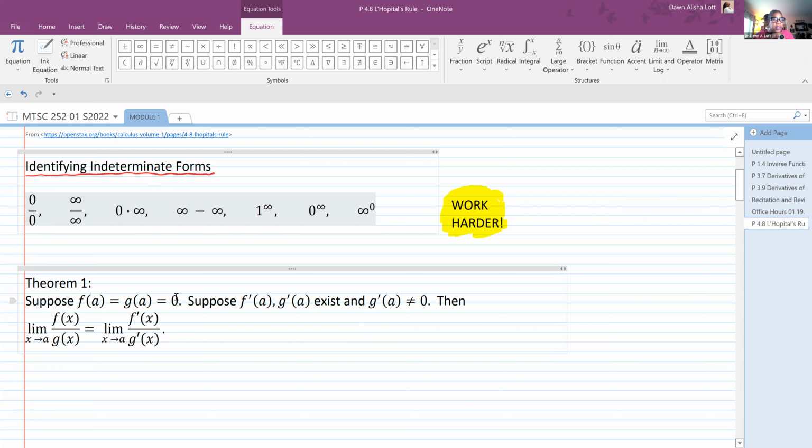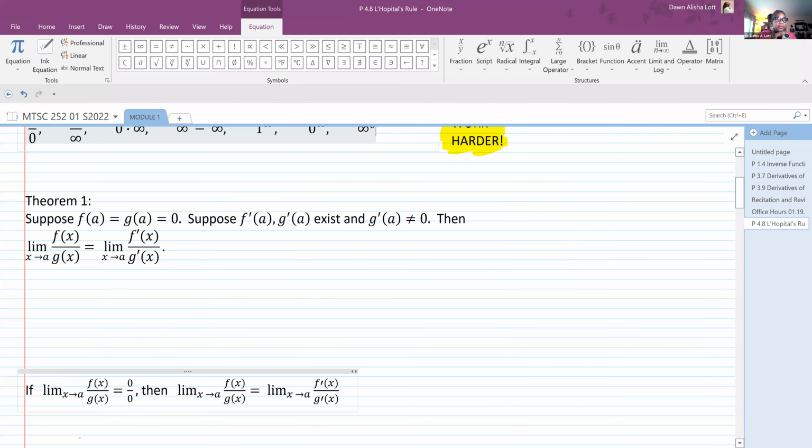So we have to say, let's suppose we can find the derivative of f at a and the derivative of g at a, and the derivative of g at a is not equal to 0 by itself. Then the way we invoke L'Hopital's rule is that instead of taking the limit as x approaches a of f of x over g of x, we take the limit as x approaches a of f prime of x over g prime of x. What does that mean?